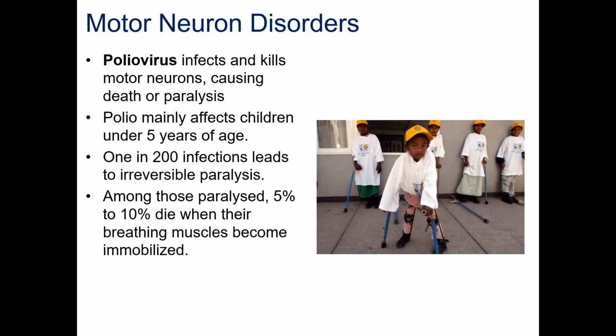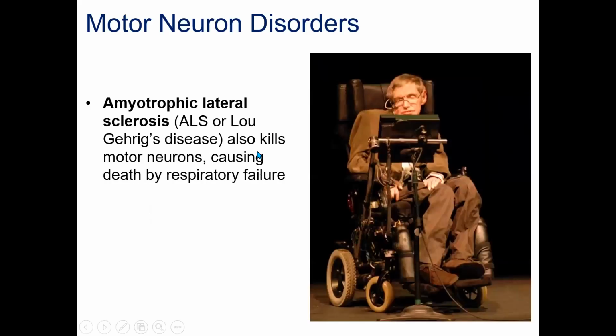But then because some of the regions where the polio virus still exists are actually kind of controlled by some terrorist group, that impedes the vaccination effort of many different organizations. So as of now, it is still something that exists. And 1 in 200 infections can lead to irreversible paralysis. Okay, and so that is the polio virus.